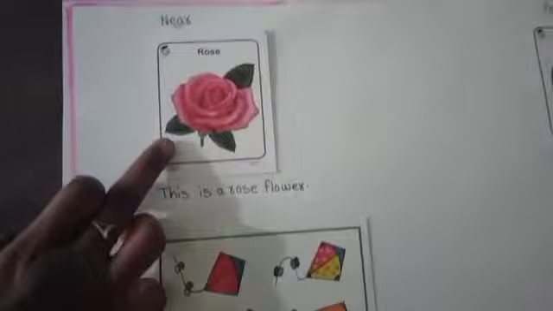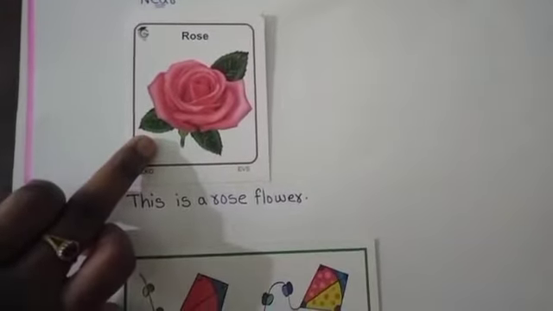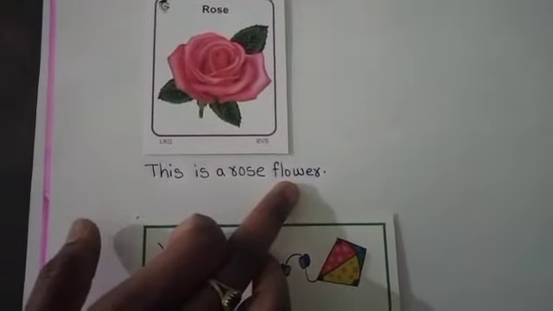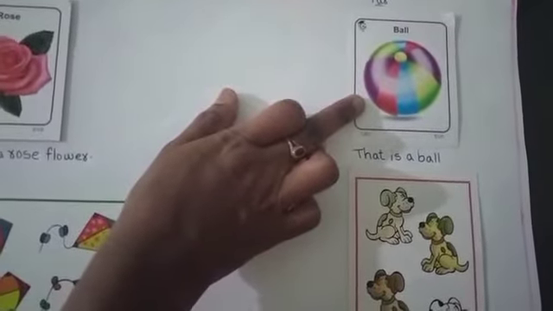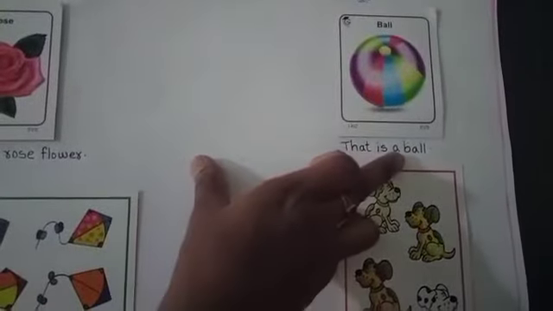Listen here. Here, what is this? Rose. It is near to me. So, what am I telling? This is a rose flower. And here, what is this? This is a ball. It is far to me. So, I am telling, that is a ball.